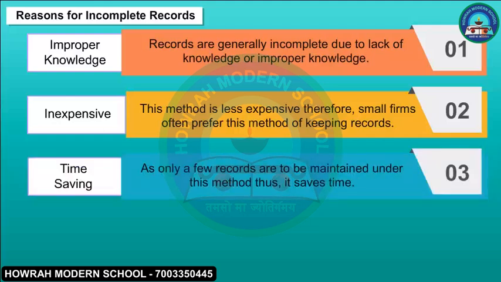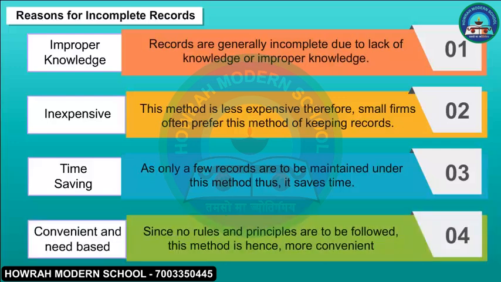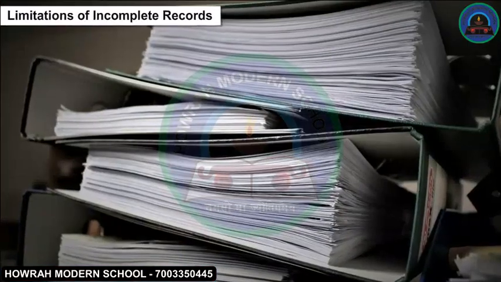As only a few records are to be maintained under this method, it saves time. Convenient and need-based. Since no rules and principles are to be followed, this method is more convenient. Firms, depending upon the need, adopt different techniques of recording transactions in the books of accounts.